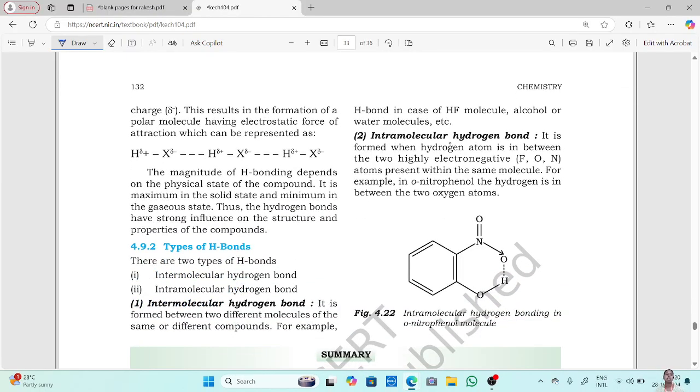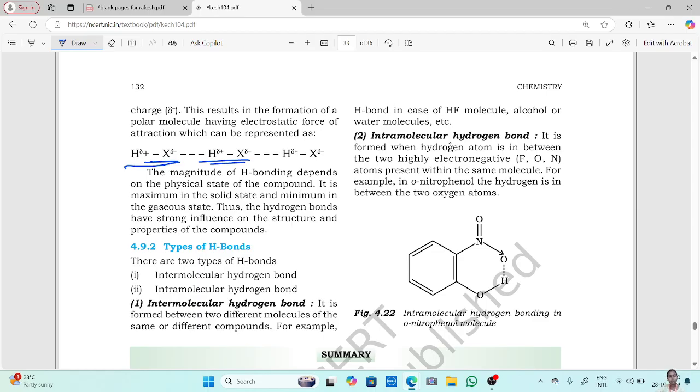Now this results in the formation of a polar molecule having electrostatic force of attraction, which we can represent like this. Both the partial positive and partial negative will attract each other.